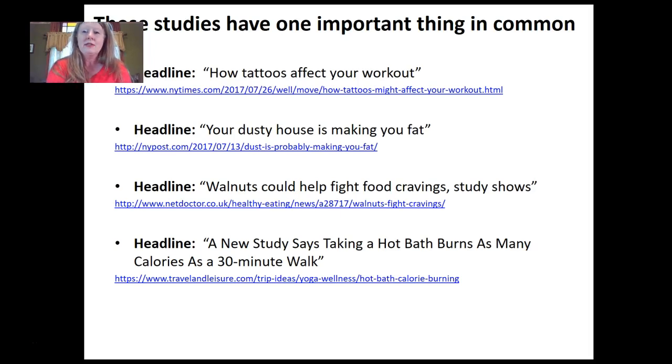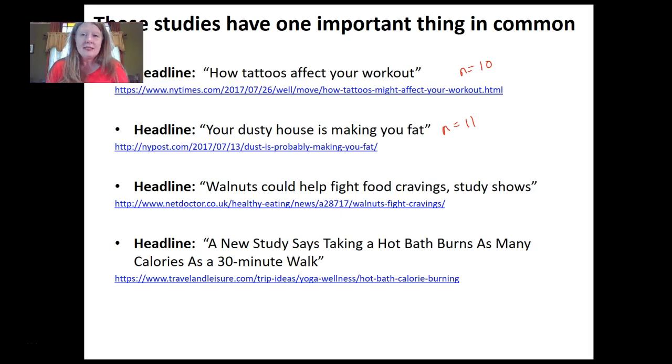that in this first study, the sample size was 10. 10 men actually participated in the study, healthy young men. In the next one, they looked at 11 houses, all in North Carolina. When I first saw this, there was a picture of a woman cleaning.